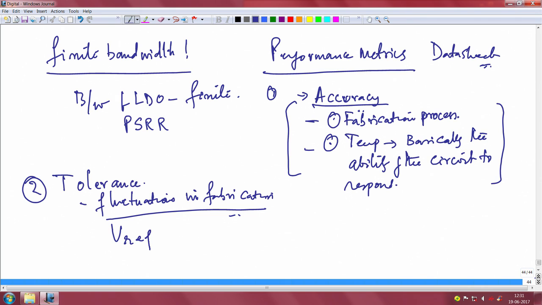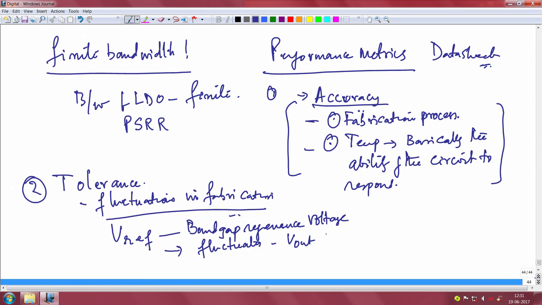Vref is the band gap reference voltage. If this fluctuates, then V out will also fluctuate.